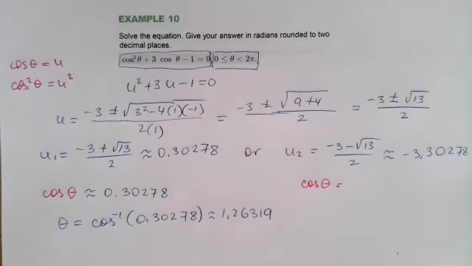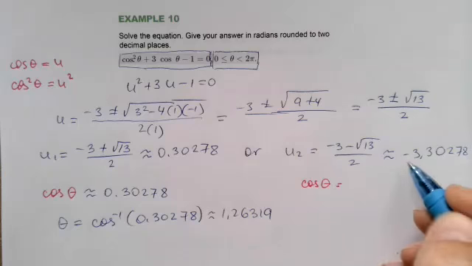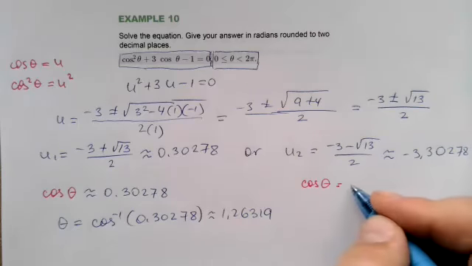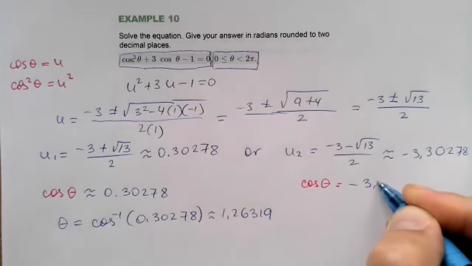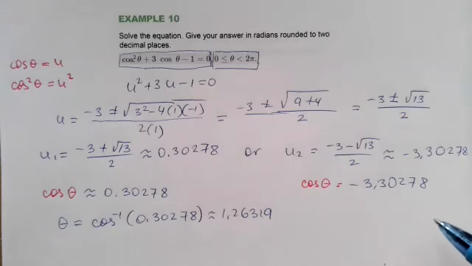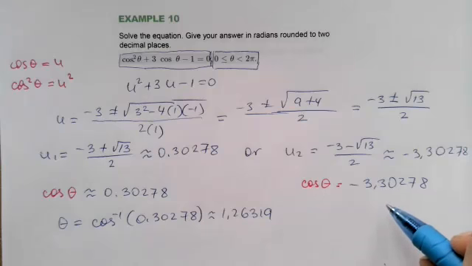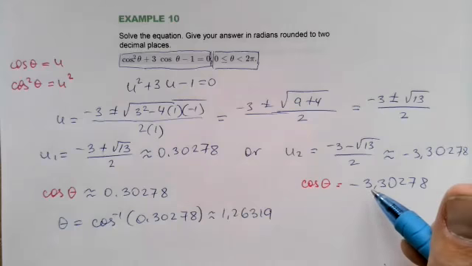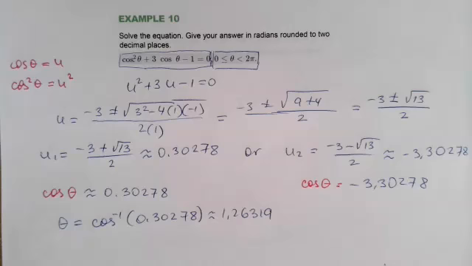Well, cosine theta equals negative 3.30278, but our cosine has the range between -1 and 1, so it cannot be equal to -3 or even less than that.